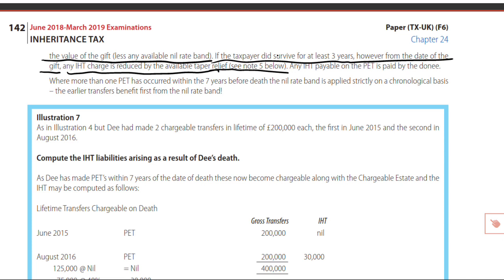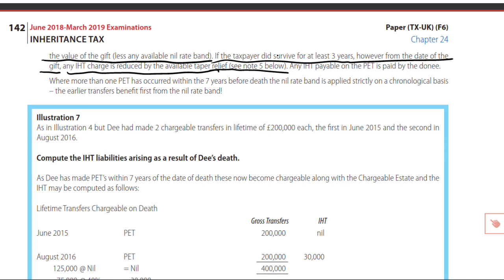But imagine the situation whereby the taxpayer lived for 6 years, 360 days after having made a lifetime transfer. And then, sadly, one day on the way to work, rather than being on the bus, they're under the bus, and therefore they die. Such bad luck.